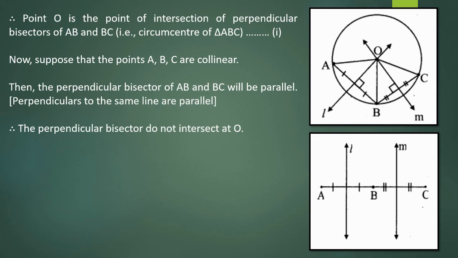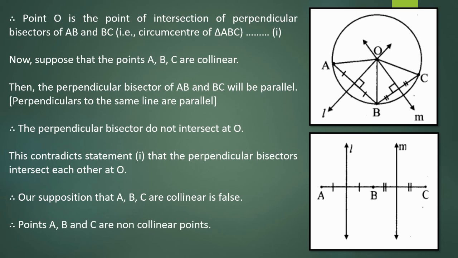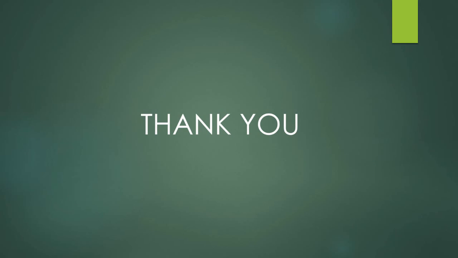Therefore, the perpendicular bisectors do not intersect at O. This contradicts statement 1 that the perpendicular bisectors intersect at O. So we get a contradiction, and from here we can say that our assumption that A, B and C are collinear is wrong. So points A, B and C are not collinear. Thank you.